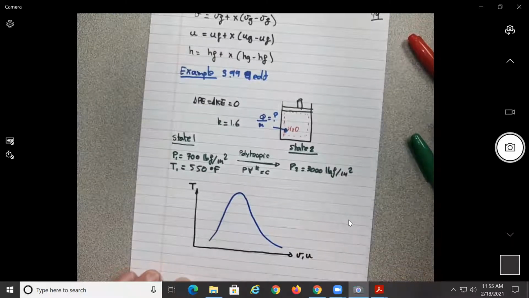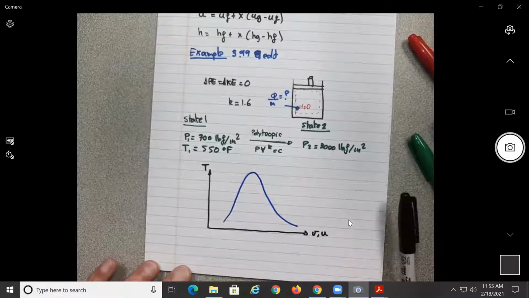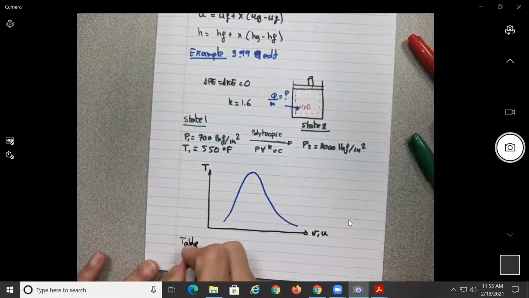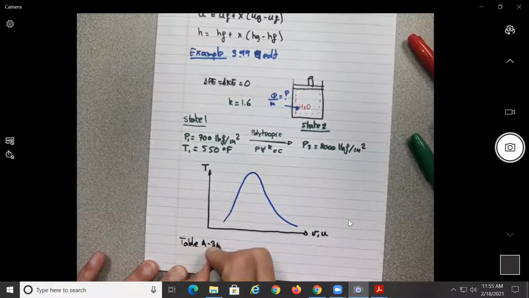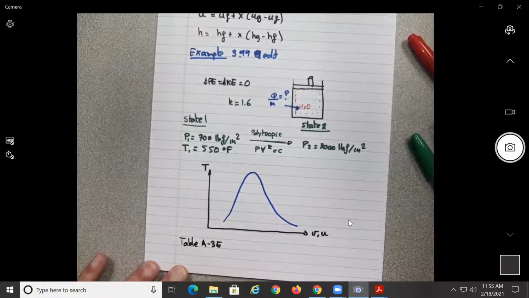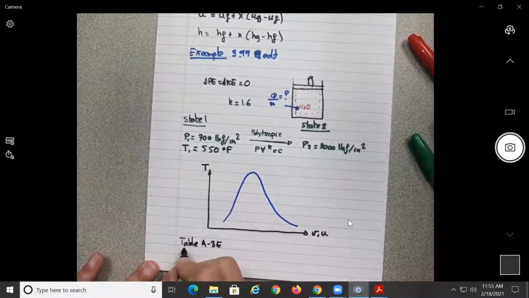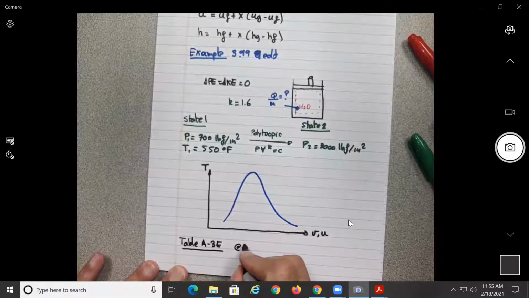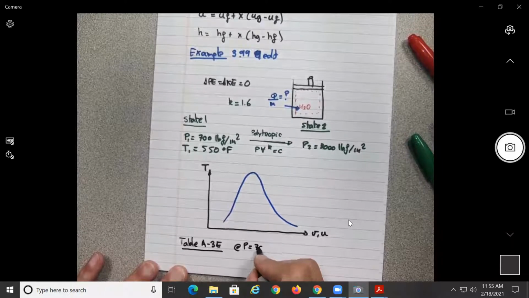All right, so what did we find out from table A3? Table A3 told us what? What do we have? P equal to 700.